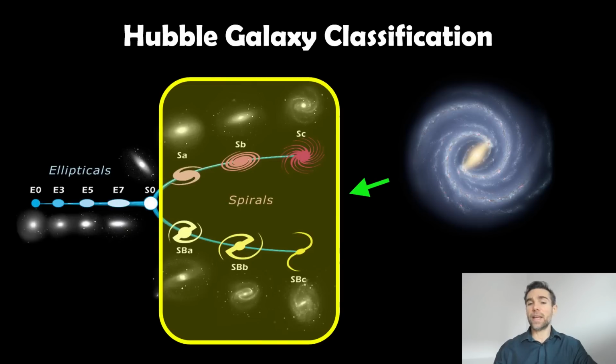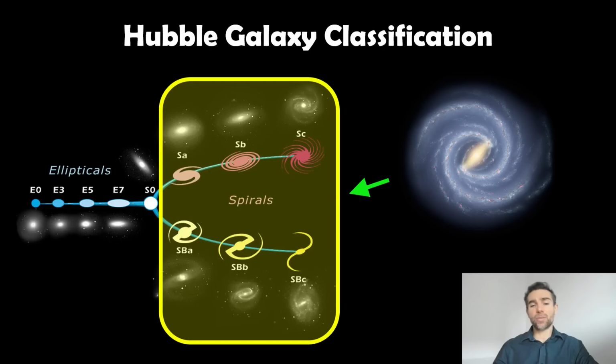Now, the two main types really are spiral galaxies, which sit on the right-hand side of the Hubble Galaxy Classification System. Again, you've got two tuning fork pathways there, I suppose. The top branch is for normal spirals with a spherical bulge in the centre, whereas the bottom branch is for barred spiral galaxies, like our Milky Way actually.